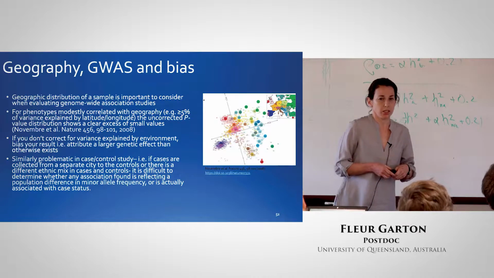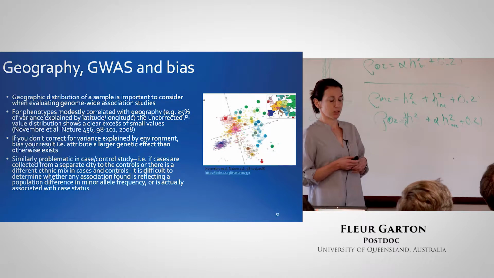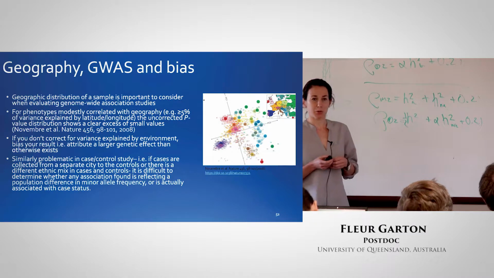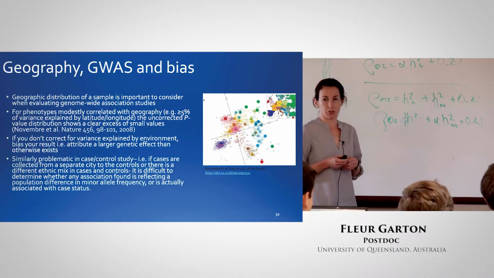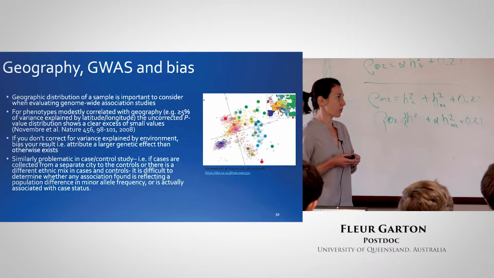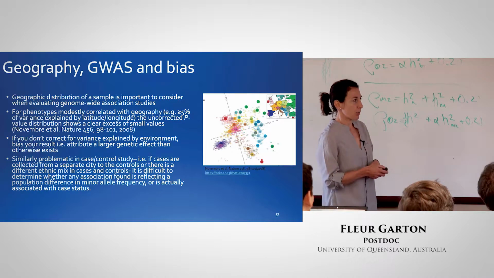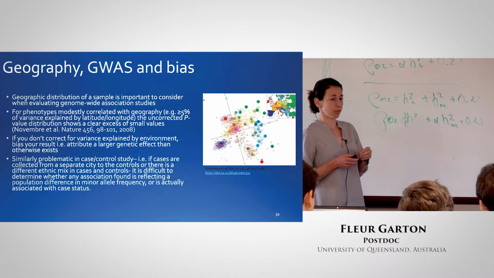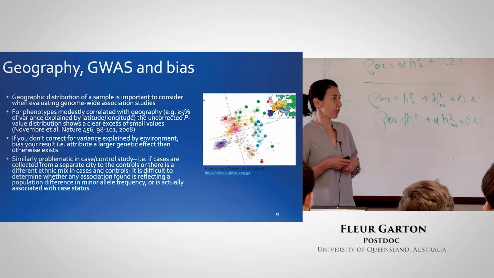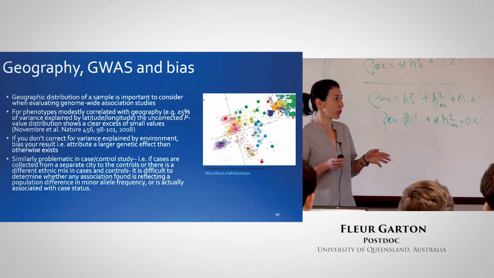So in terms of why this is important, it can have impacts and bias. If, for example, you're collecting cases and controls from even different cities, that can have an impact on your estimates. So for phenotype, in this particular paper, they actually simulate some data and use some examples about if you're measuring a phenotype that's modestly correlated with geography, and so they use the example of about 5% of the variance, which is explained by latitude or longitude.